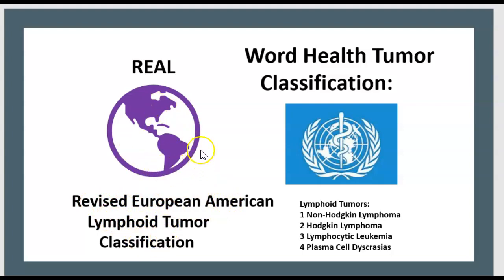The newest, current classification is based on the World Health Organization tumor classification. And this classification gives lymphoid tumors as non-Hodgkin lymphoma, Hodgkin lymphoma, lymphocytic leukemia, and plasma cell dyscrasias.